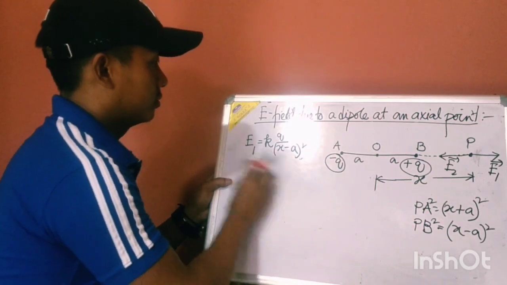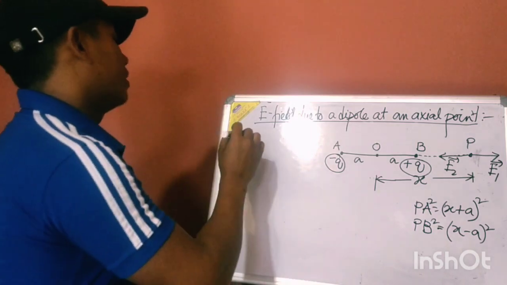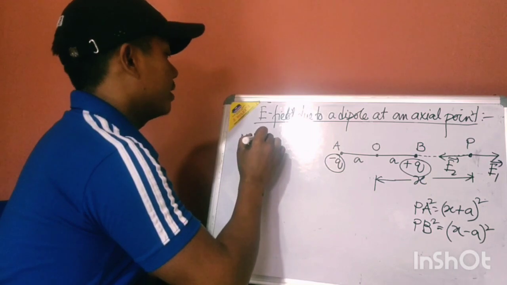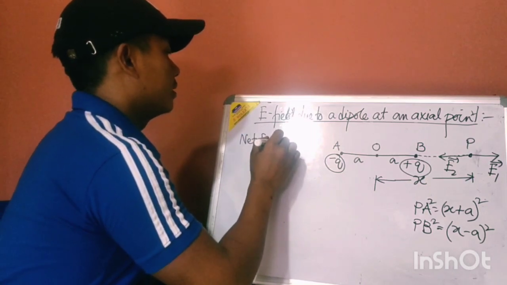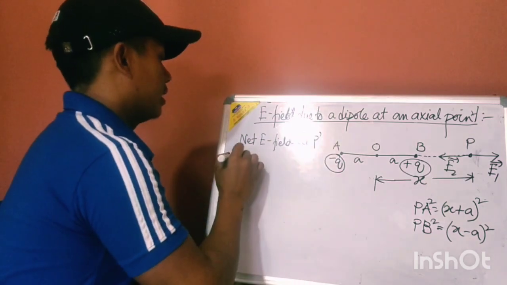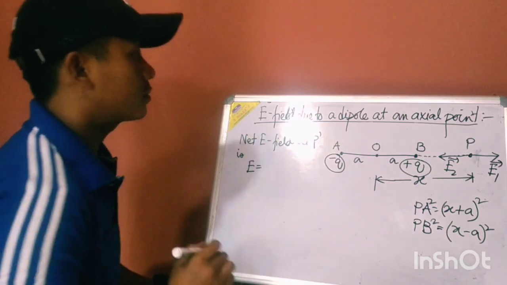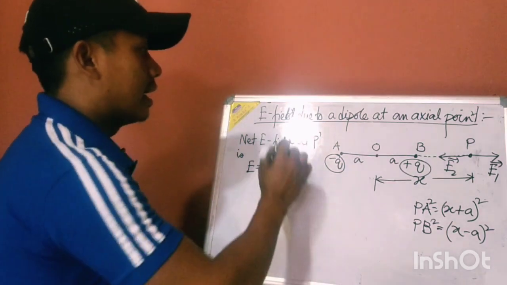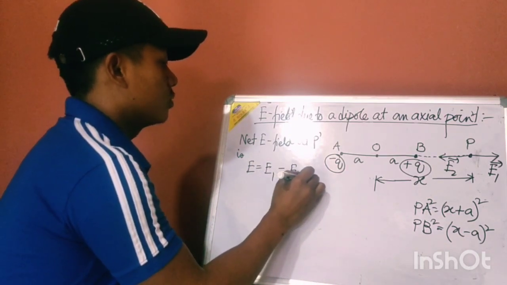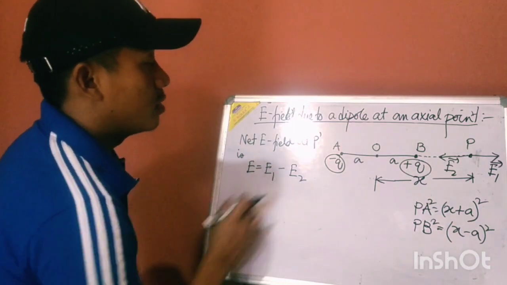Now the net electric field at point P is E equal to E1 minus E2, or magnitude of E1 minus magnitude of E2.